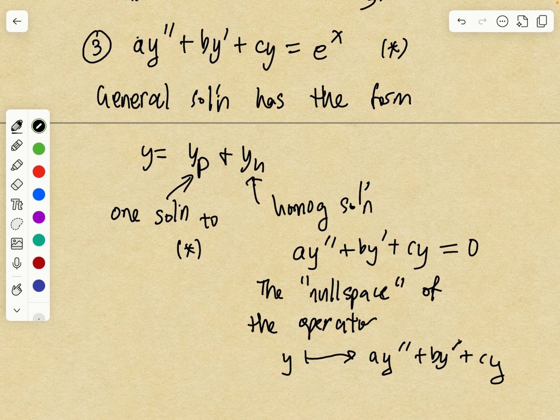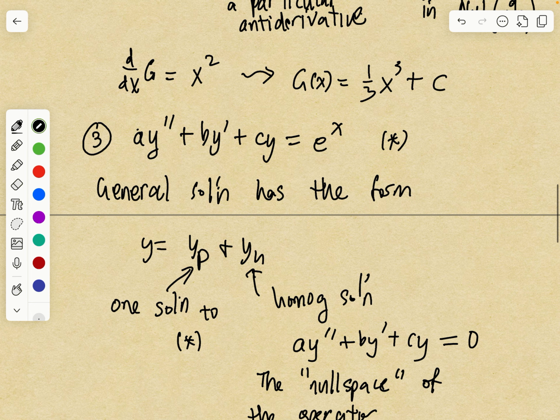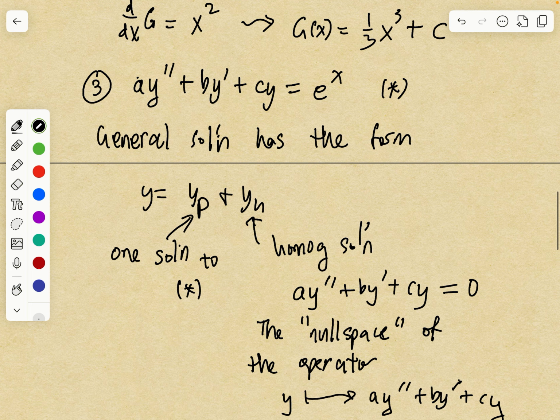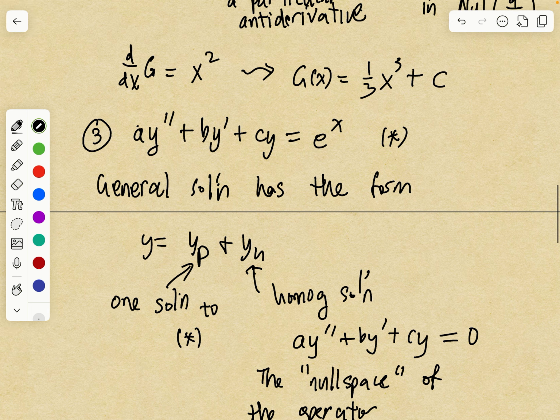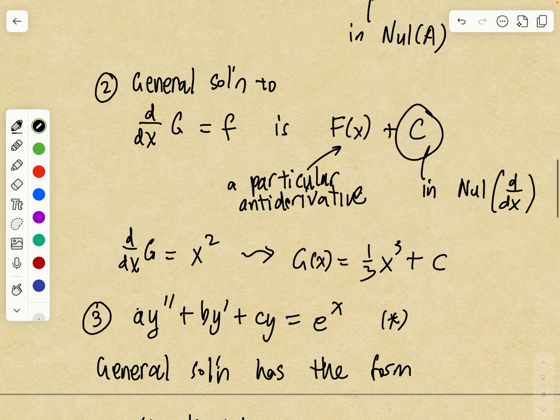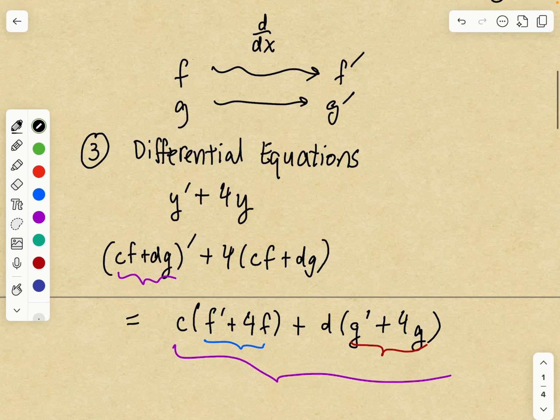And that's why when you're finding the general solution to this non-homogeneous differential equation, there are two steps. First, you have to solve the homogeneous equation. That gives you the yh. And then you have to find the particular solution. For that, you use different methods, like the method of undetermined coefficients and variation of parameters. And that is a consequence of the linearity. Okay.